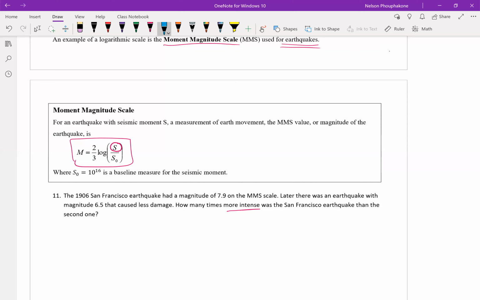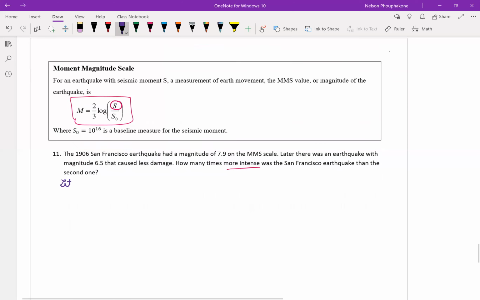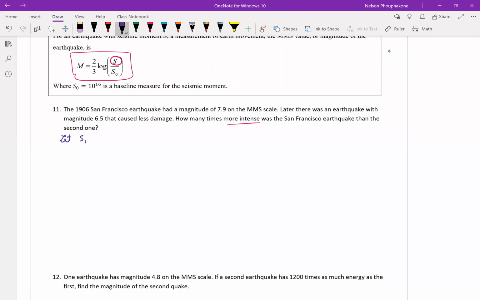Now, of course, the first thing that I would like to do is assign variables first. So I'm going to let S of 1 be the seismic moment of the San Francisco earthquake.